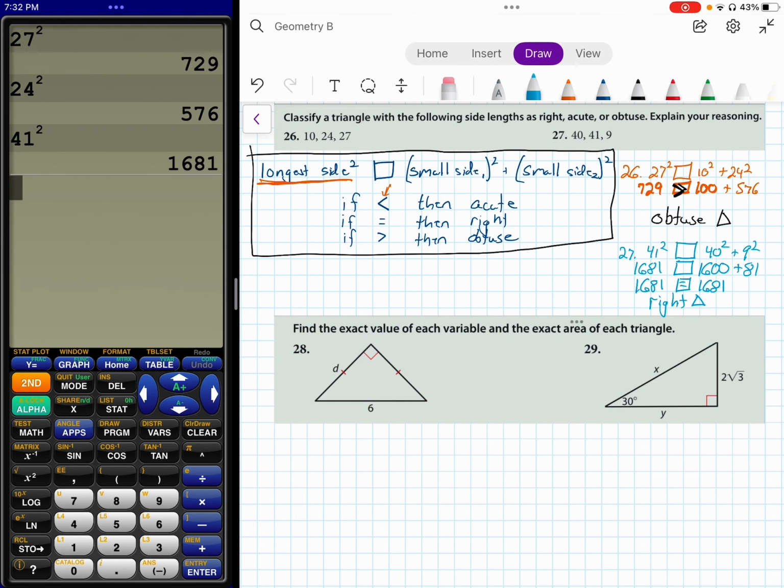All right, moving on to number 28 and 29. These have to do with our special triangles. So let's review that. So our special triangles, actually we'll just write them. So we have the 45, 45, 90, also known as right isosceles.